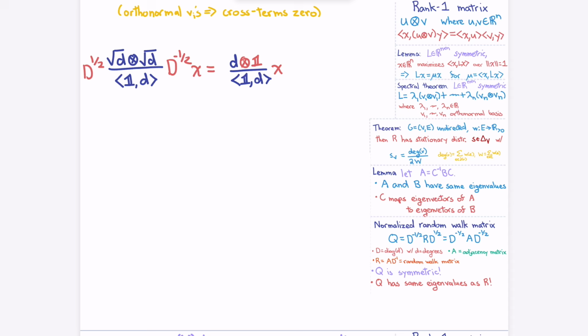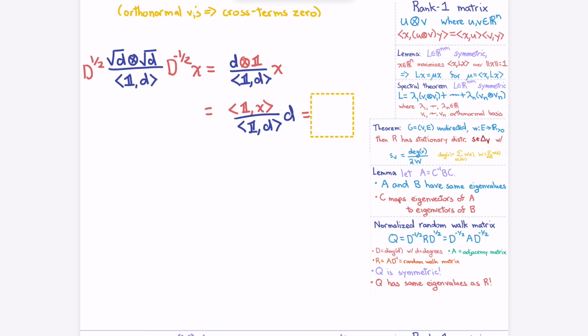Now, what does the next step look like? It's going to look something like this. That's what the outer product will do. You take the inner product of x and 1s and send it off in the d direction. What do we know about x?